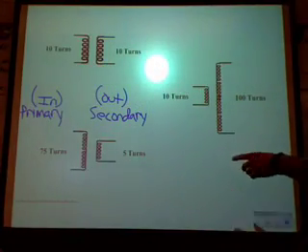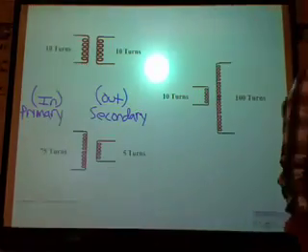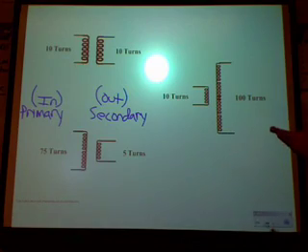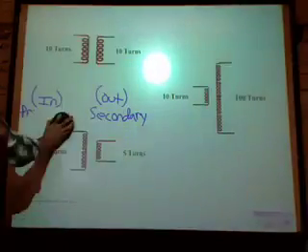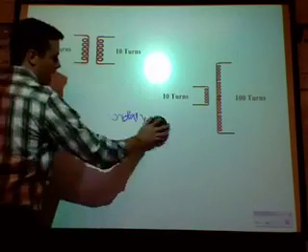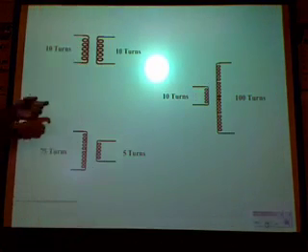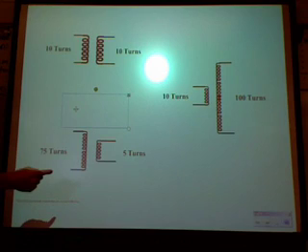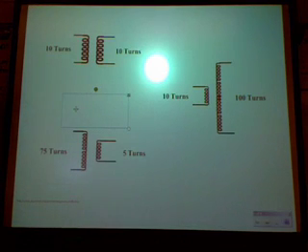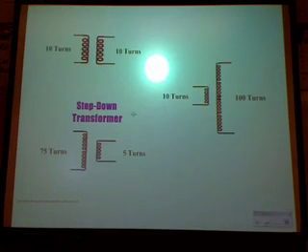You might have noticed that the number of turns on these 2 coils are different. And they're different because our goal of this transformer is to change the voltage. Let me explain how that change happens. This particular transformer is called a, anyone want to take a guess at it? What kind of transformer? Zach? It's a step-down transformer. You got it. This is a step-down transformer.